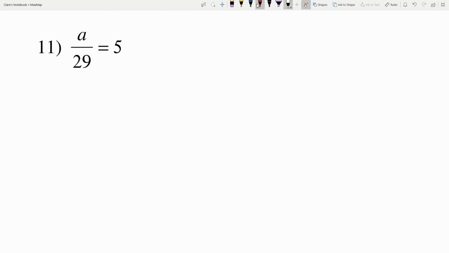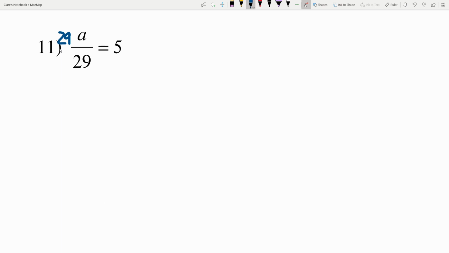Now, for number 11, I have a divided by 29 equals 5. So what divided by 29 equals 5? Well, the way we would solve that, we can isolate that a, or get that a all by itself. So in order to isolate that a, because the 29 is divided, I need to multiply by it.